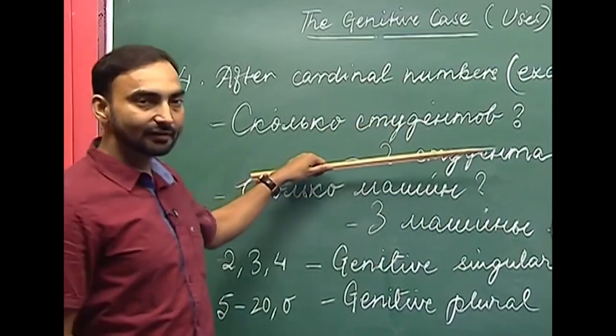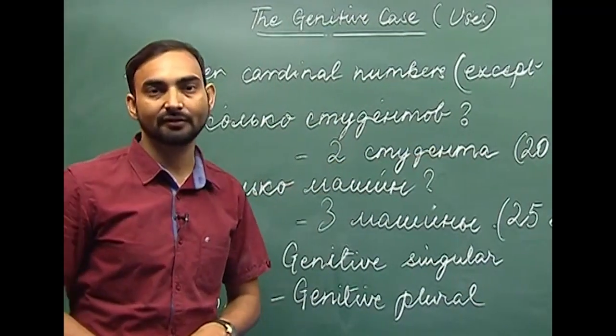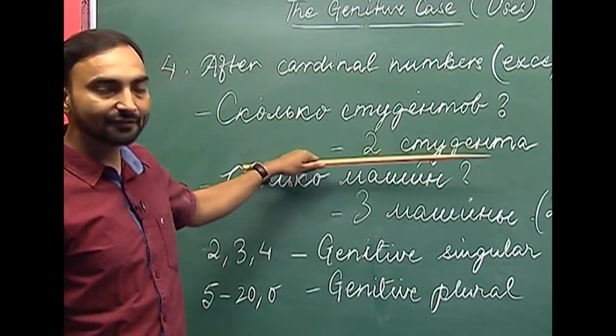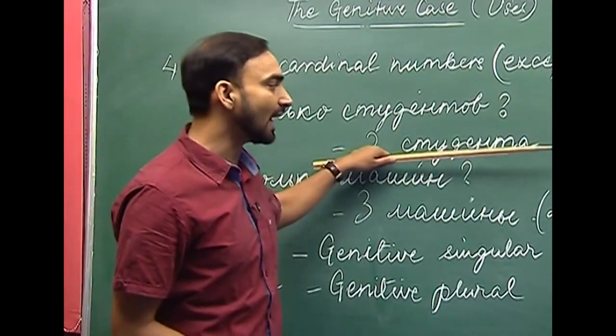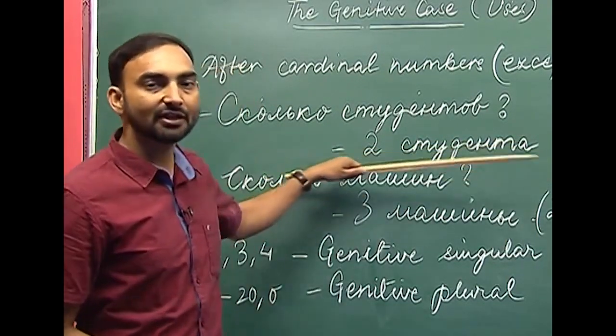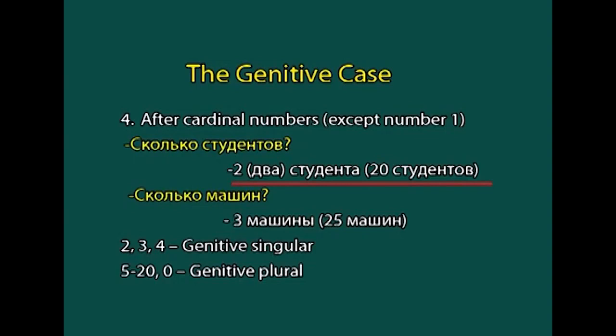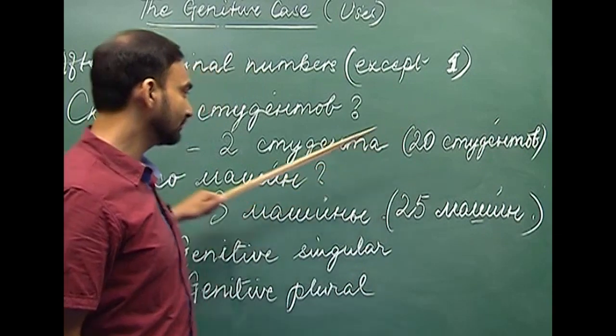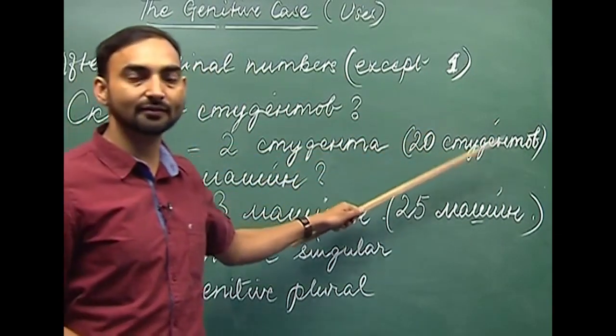If you answer with a cardinal number which has 2, 3, 4 at the end, we use the genitive singular: dva studenta, tri studenta, chetyre studenta. If it is 5 up to 20 or if it ends with 0, we use genitive plural: dvadtsat studentov. Two studenta, but twenty studentov.